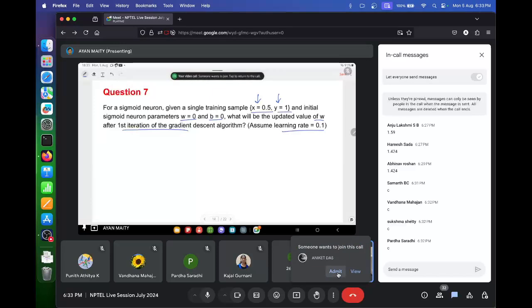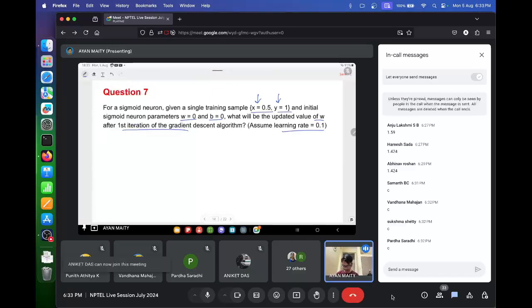So we are running this gradient descent algorithm to train this sigmoid neuron on this training data set, x equals 0.5, y equals 1. We have only one training data point.